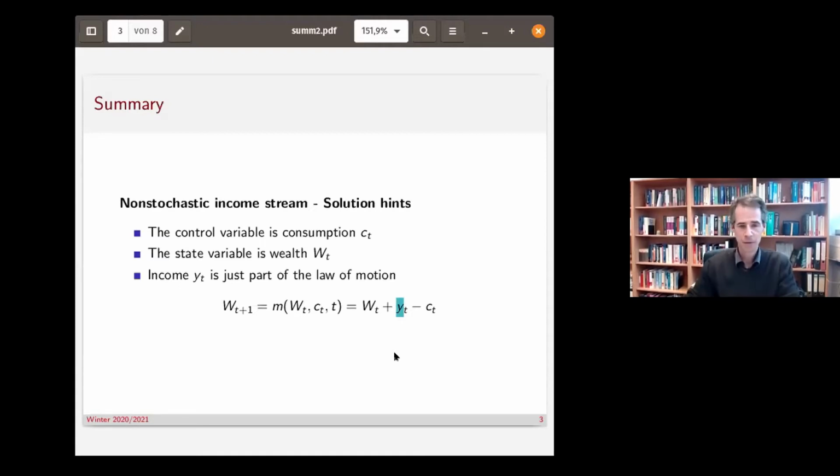Okay, so the law of motion is very simple. We don't have any interest rate, or the interest rate is just 0. So tomorrow's wealth is today's wealth plus income of today minus current consumption. That's the law of motion.